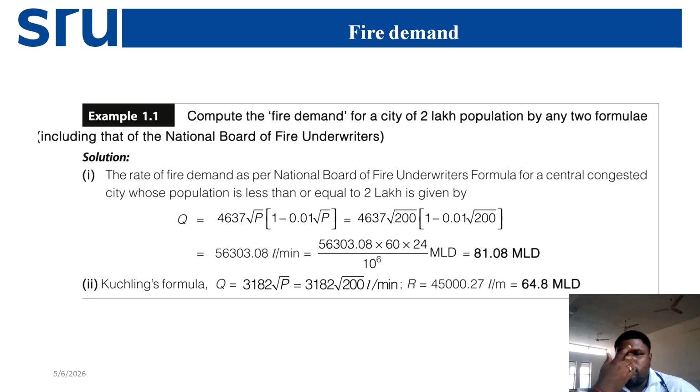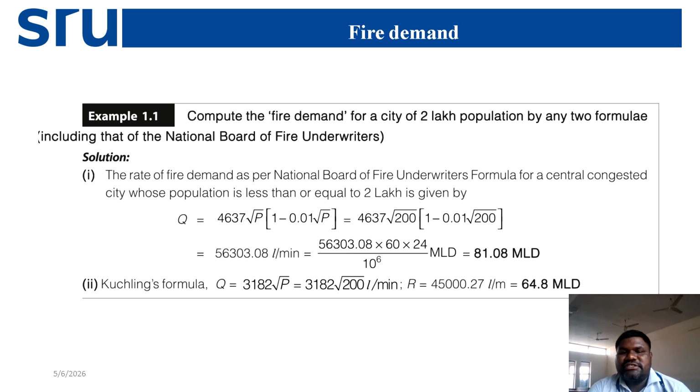So Q equal to 4637 square root P multiplied by (1 minus 0.01 square root P). Here the population in the question is given as 2 lakh, so P should be substituted as 200.